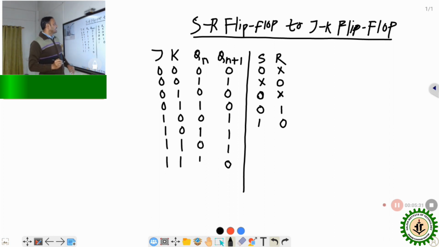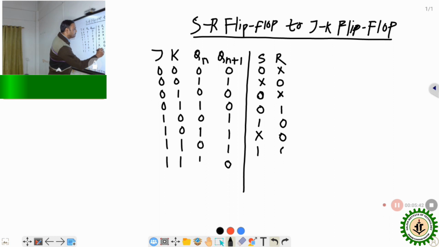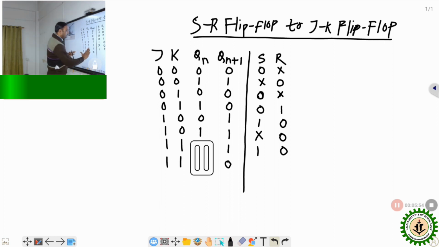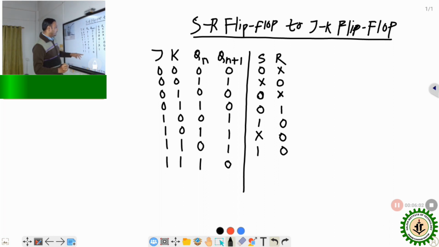For the case of 1 1, that means unchanged, so don't care and 0. For 0 1 0 1, the same thing, 1 0 and 1 0, it is 1. For 1 0, again it is 0 1. So this is the excitation input of SR.